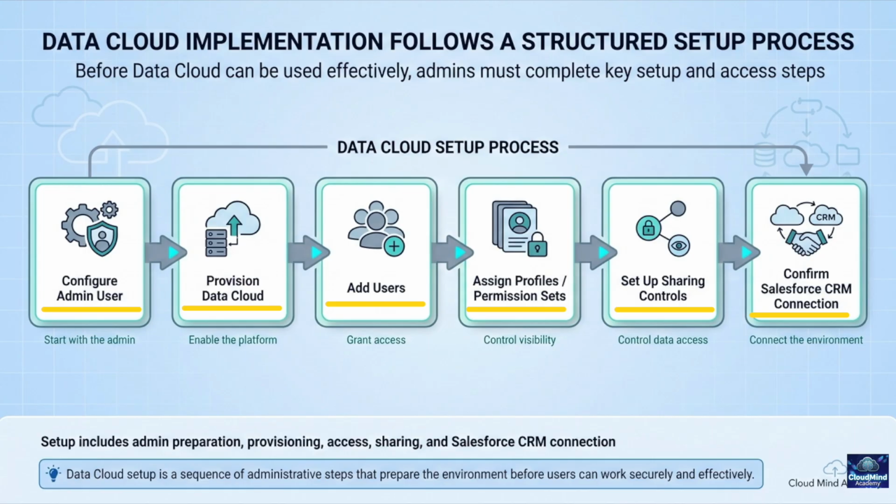This sequence matters because each step builds on the previous one. For example, before users can be granted access, Data 360 must first be provisioned. And before setup tasks can be completed, the administrator must have the correct permission set assigned.